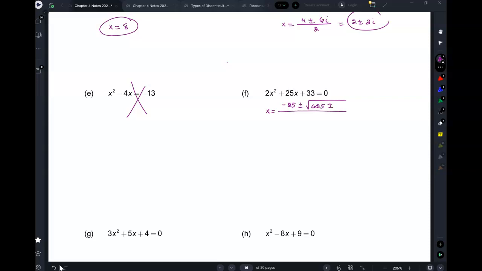Plus or minus the square root of 4 times 2 times 33 all over, oh no, I don't know, minus, over 2 times 2.